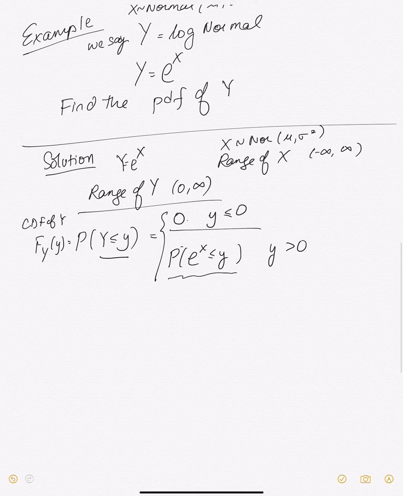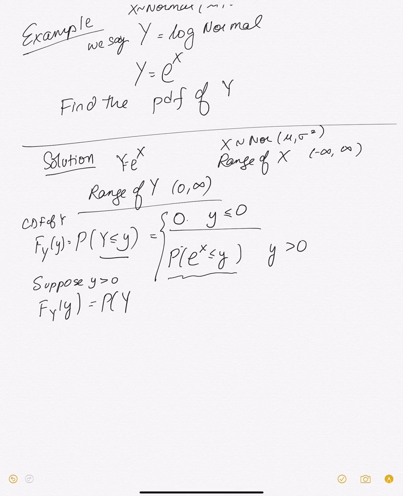Okay? All right, so we have that F sub y of y is equal to the probability e to the x is less than or equal to y. Okay, so let's take a look at that. So suppose that y is bigger than 0.